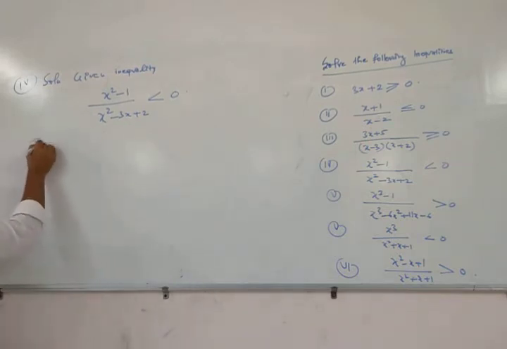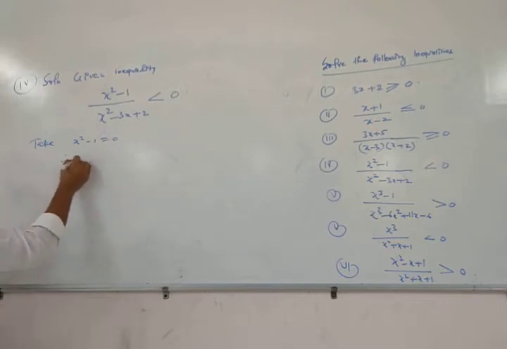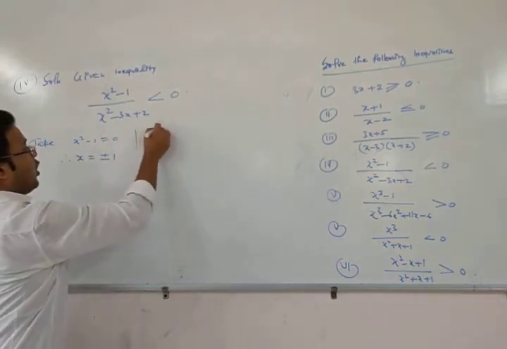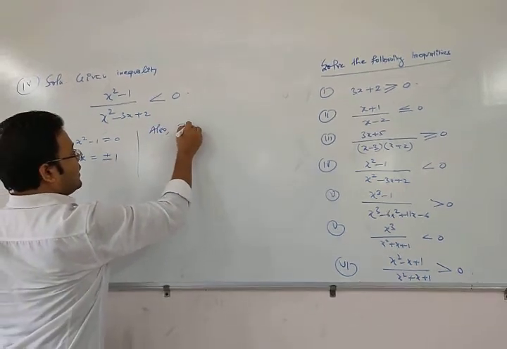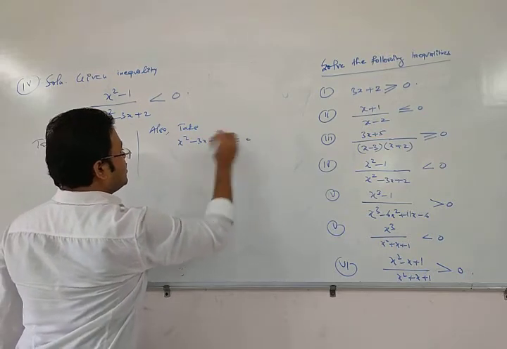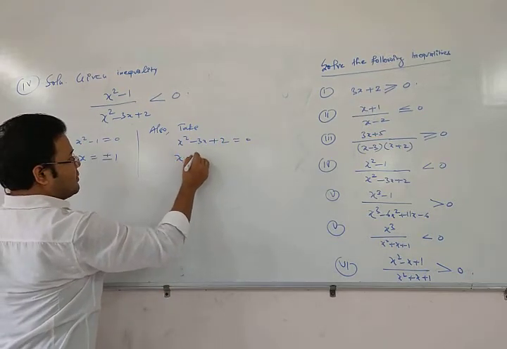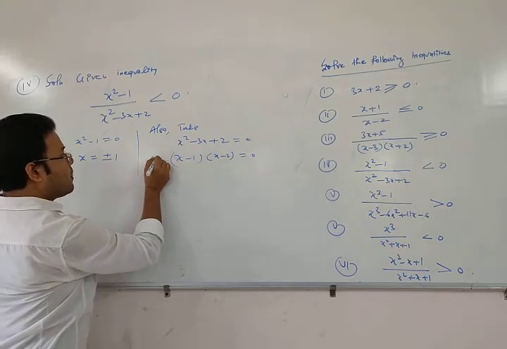Take x square minus 1 is equal to 0. Therefore x is equal to either plus or minus 1. Also take x square minus 3x plus 2 is equal to 0. We can write (x minus 1) into (x minus 2) is equal to 0.